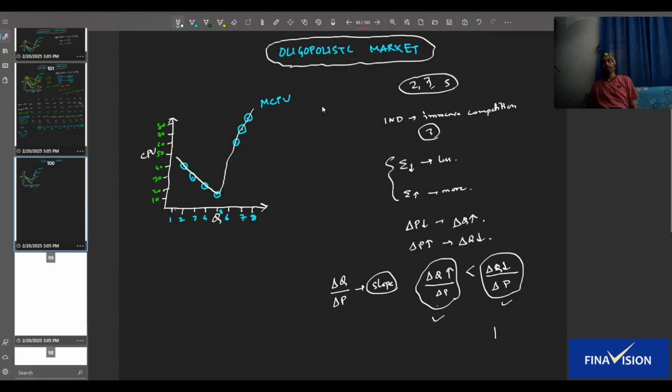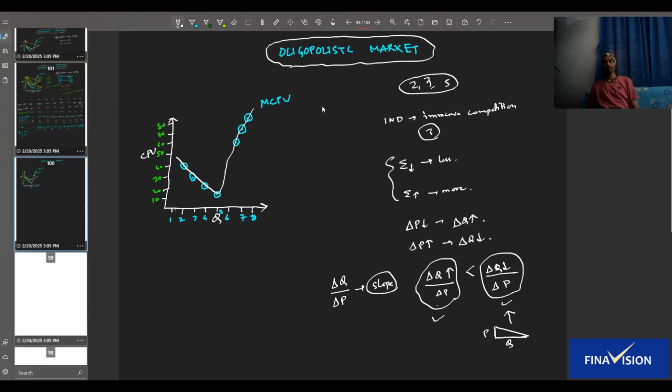Now, because of this much price change, which is shown by this vertical line, a change in demand happens, which is, let's say, this much, right? So the slope will be like this in this case. So this is P and this is Q.